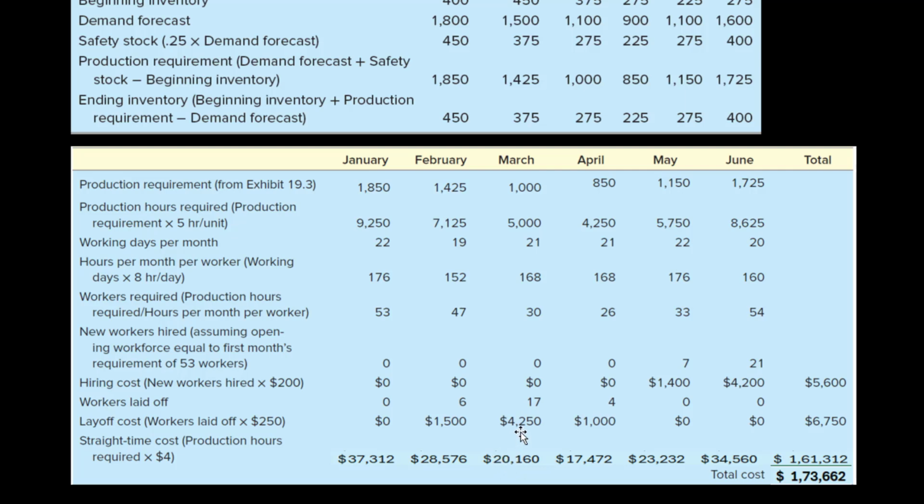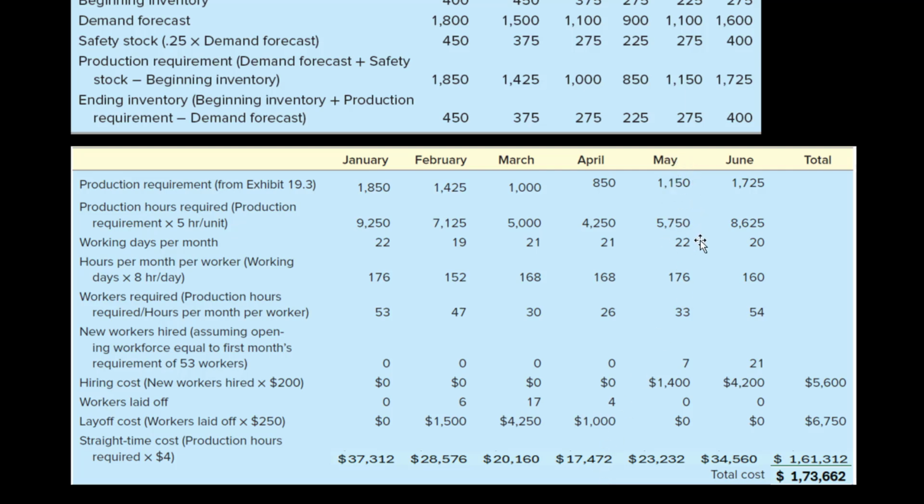So the total payment will be 4250 for laying off and 2160 for the straight line cost. In the month of April, again we require only 26 people. Again we'll be laying off 4 people. $1,000 will be the layoff cost, and 17,472 will be the straight line cost.